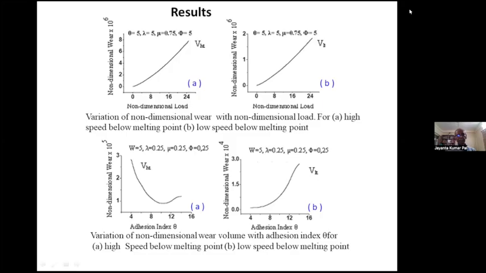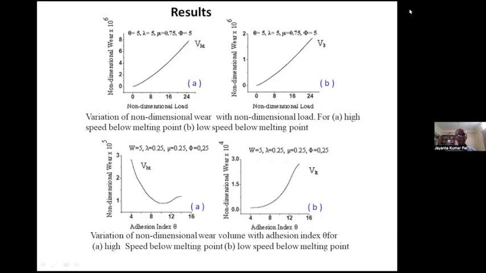This is because at low adhesion index, adhesion is large. This is for the first set of parameters, where adhesion is prominent, and we have large adhesion or small adhesion index, quite expected.